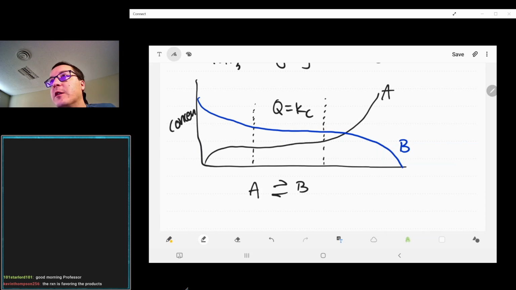Okay, so if they're unchanging, that's when Q is equal to Kc, right? Your reaction quotient, your snapshot in time, is going to be equal to your equilibrium constant. If we look at either of the sides, though, we see here we have too many products.